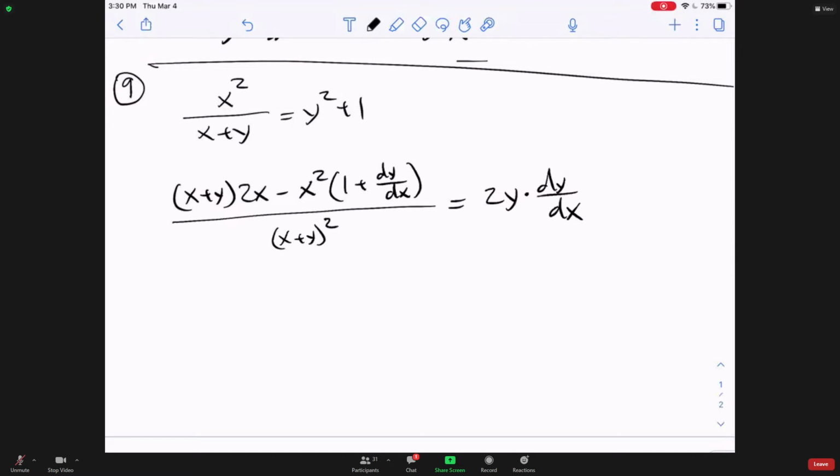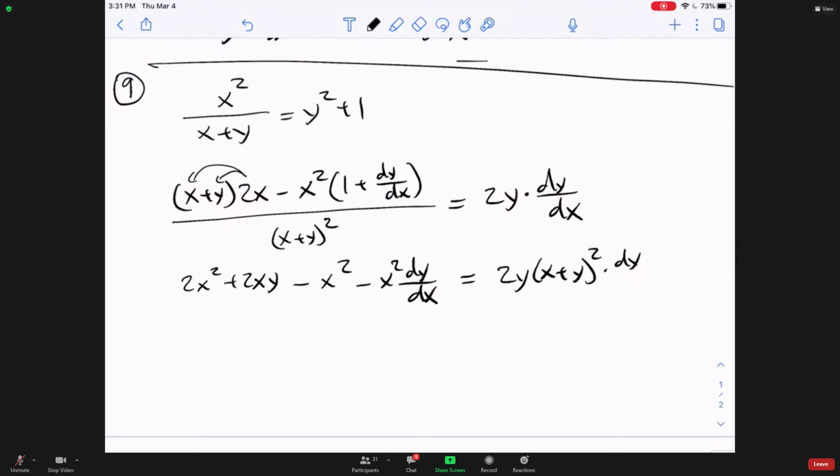All right. So now we're going to multiply both sides by (x plus y) squared. So let's distribute the 2x here. So you got 2x squared plus 2xy minus x squared and minus x squared dy over dx equals 2y times (x plus y) squared times dy over dx.